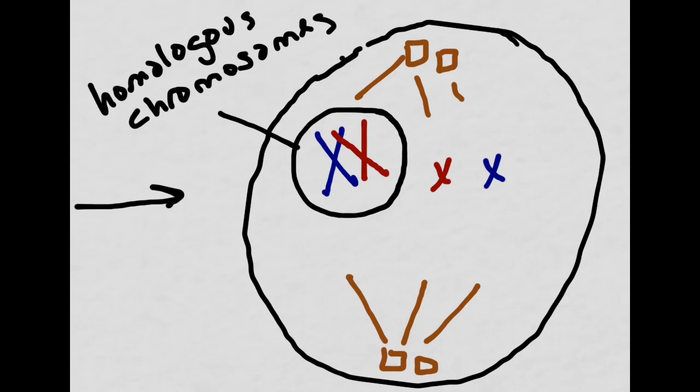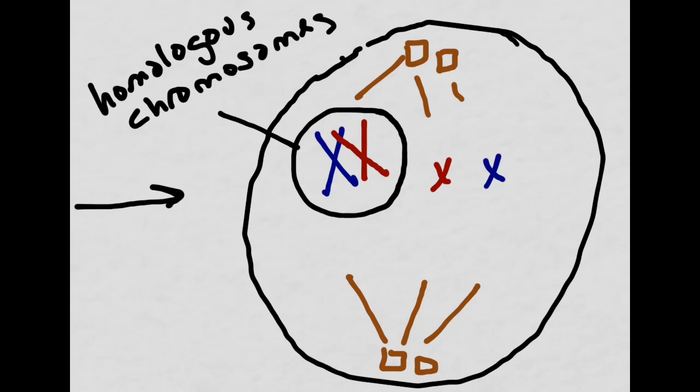That means that they are carrying similar genes. Maybe not exact copies of the genes. These are from two different parents. The blue one, we'll say, was from this person's father, and the red one from this person's mother, or critter's mother. And so they're carrying similar genes.